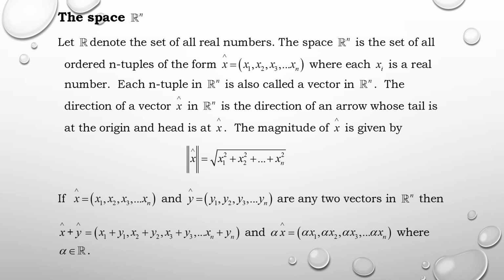So, we defined vector addition and scalar multiplication in Rn. So, Rn is a set of vectors x cap equals x1, x2, etc., xn, where each entry xi is a real number, in which addition of vectors and scalar multiplication is defined.